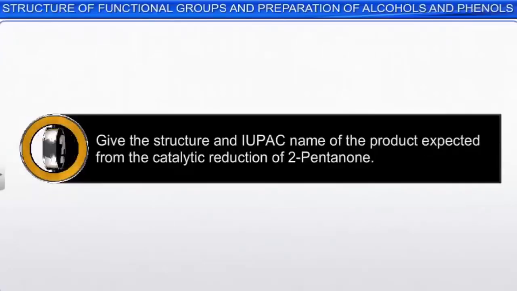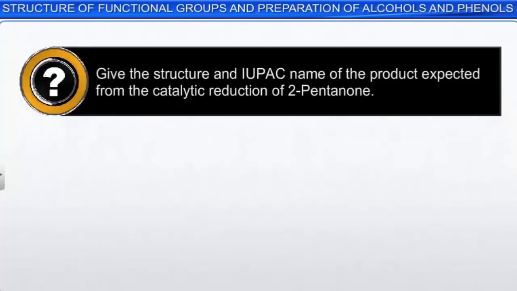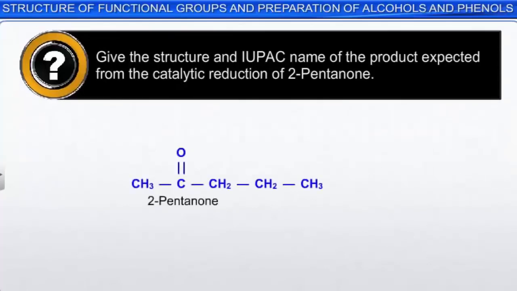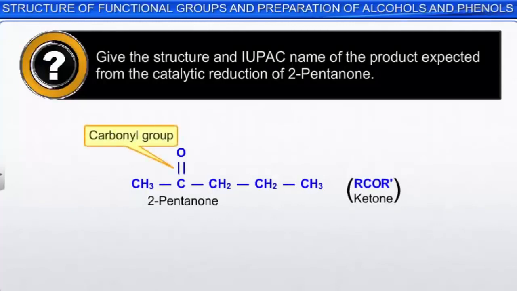Can you answer this question on your own? Give the structure and IUPAC name of the product expected from the catalytic reduction of 2-pentanone. When you draw the correct structure of 2-pentanone, you should immediately recognize it as a ketone, as the carbonyl group is in the middle of the chain.